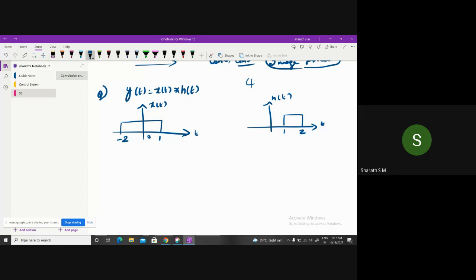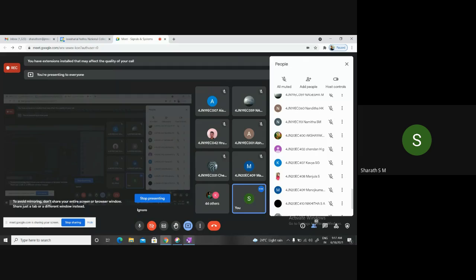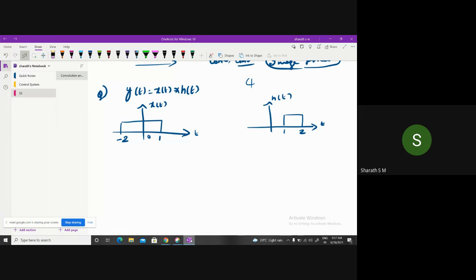First write down in terms of the unit step function, and then write in terms of x of tau and h of t minus tau.